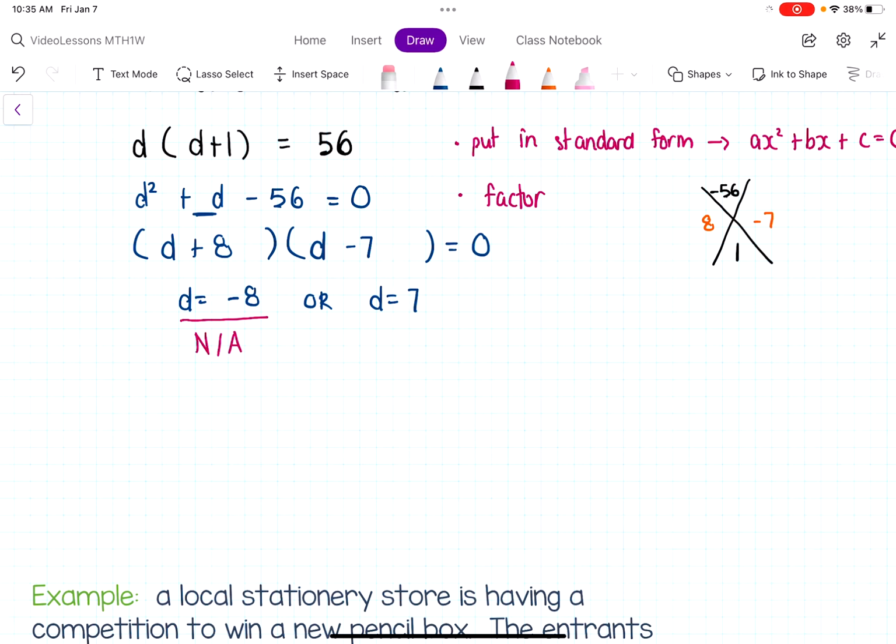The equation leads us to two answers, and one of them gets rejected. You can write reject, but I just feel like it's a bit harsh. So we put NA. And therefore Jane's birthday is on the 7th.